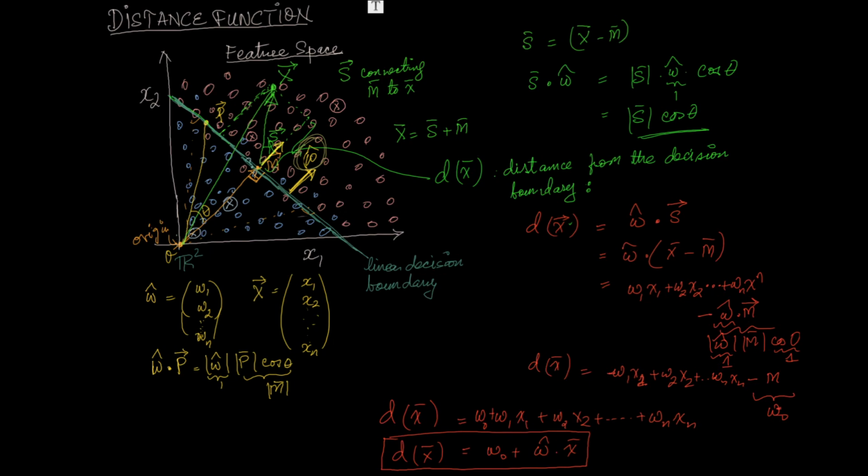There is a minimum distance, which is our M, and in our new notation it is the same as minus W naught. And so we get this equation for distance from the decision boundary, which essentially says it is a certain amount, W naught, plus the dot product of the orthonormal vector with the point itself, the point being the vector point. And that concludes our derivation.